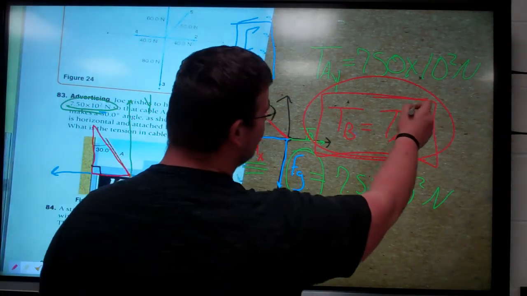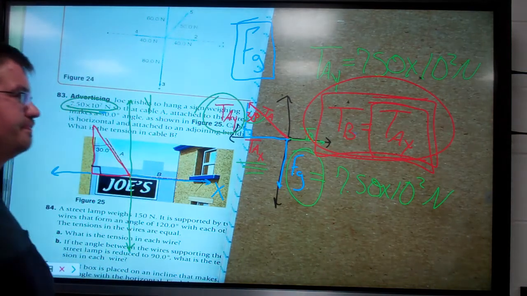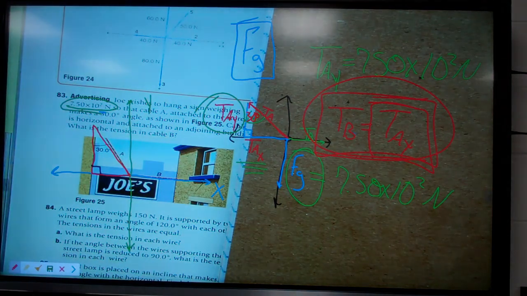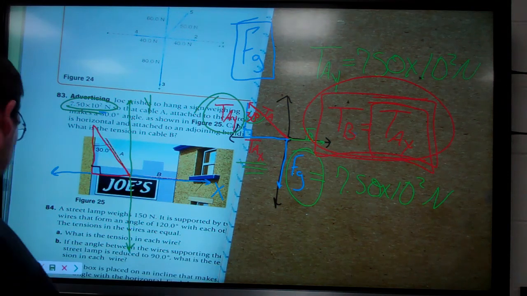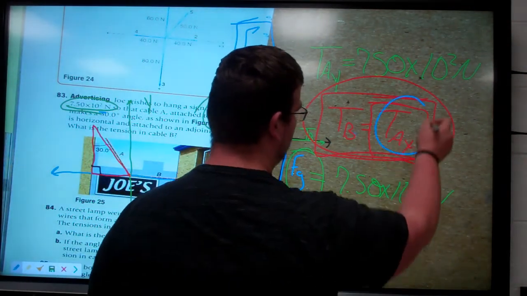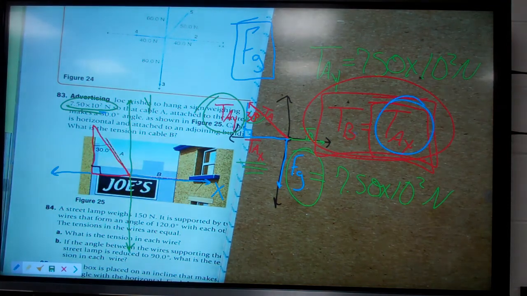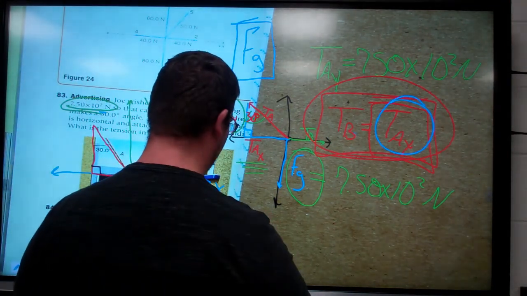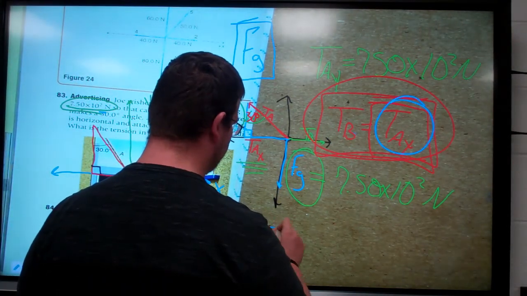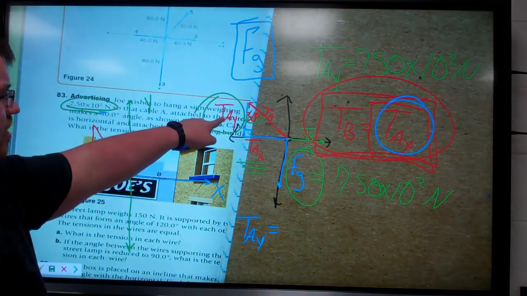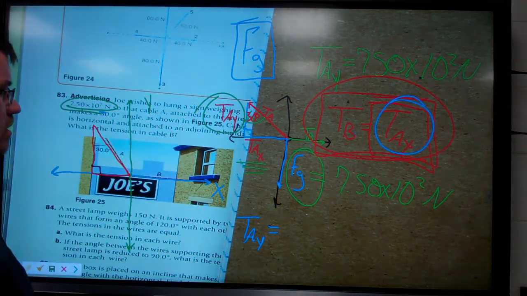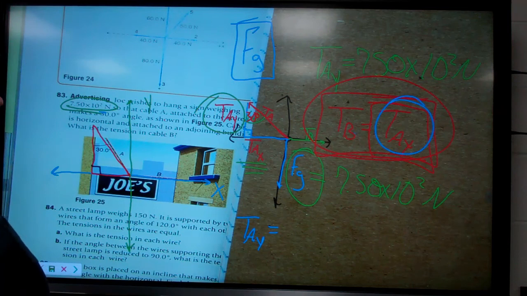How are you going to solve for that? I'm getting the tension of B. Tension of A in the Y direction is equal to, so I'm looking for this right here, I have this angle.